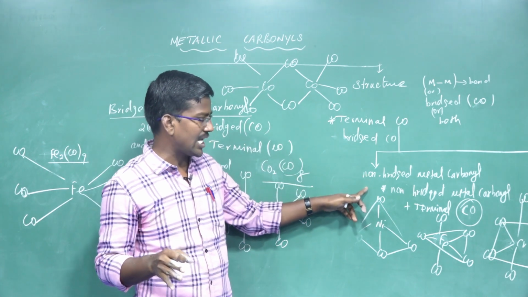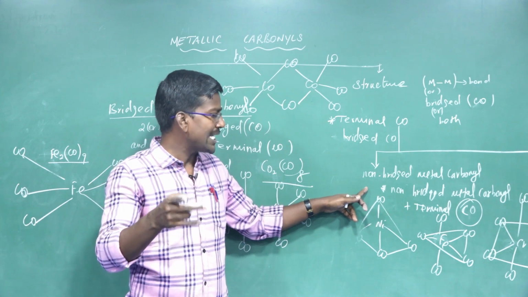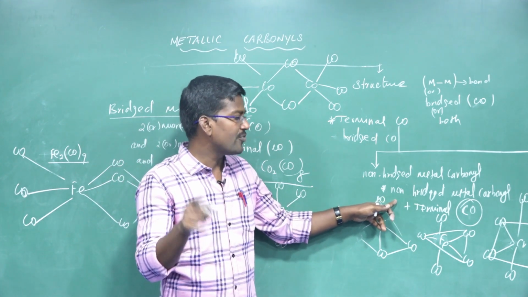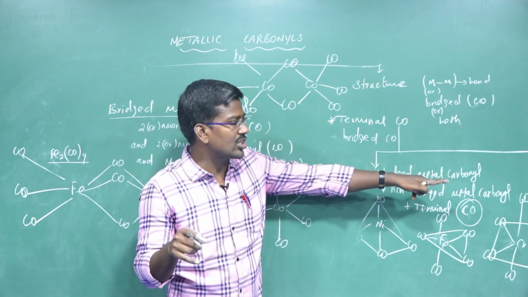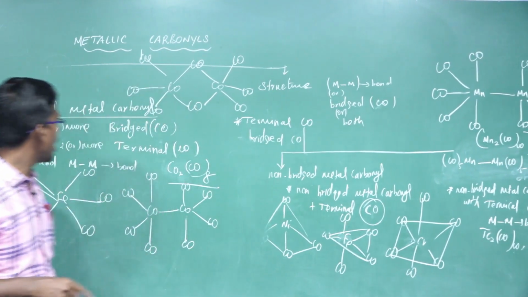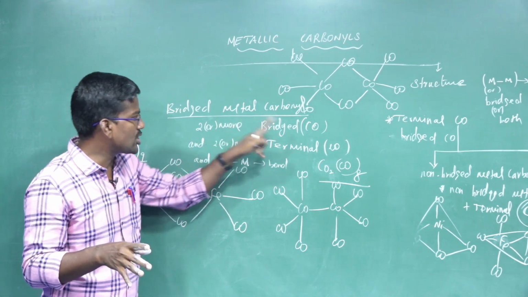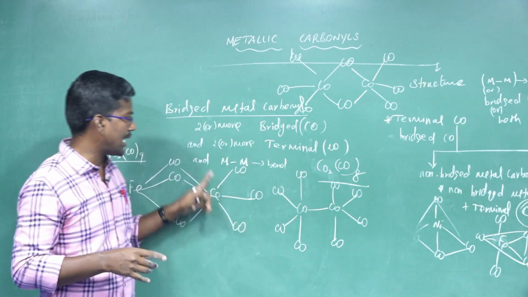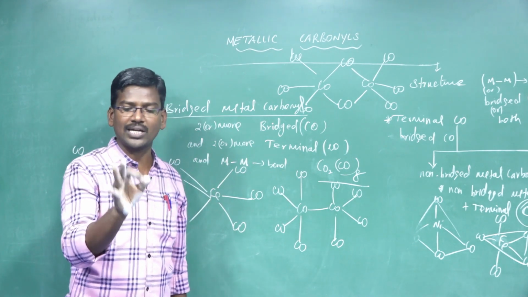Non-bridged metal carbonyl, which does not contain bridged carbonyl groups, is further classified into 2 types: non-bridged metal carbonyl with terminal carbonyl groups only, and non-bridged metal carbonyl with terminal carbonyl groups as well as a metal bond. Next, bridged metal carbonyl contains 2 or more bridged carbonyl groups, 2 or more terminal carbonyl groups and a metal bond. It is a classification of metallic carbonyl.